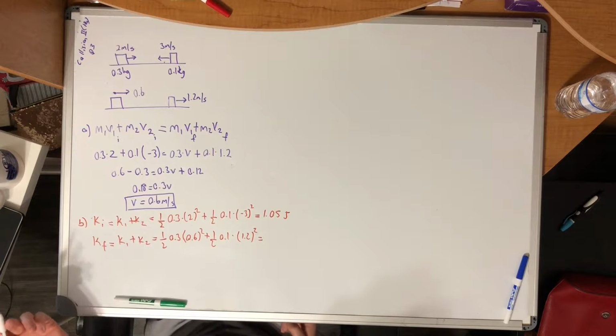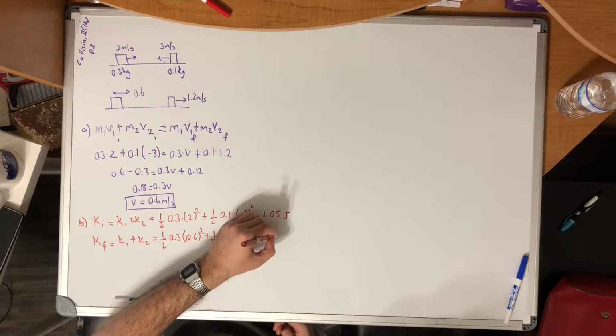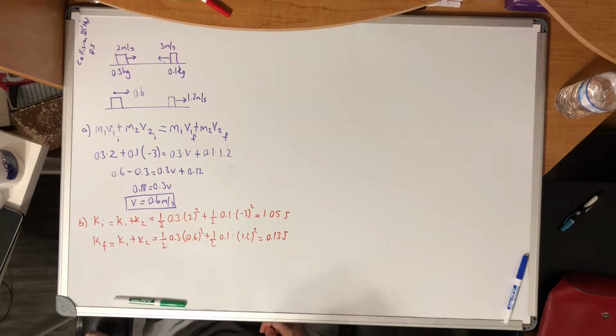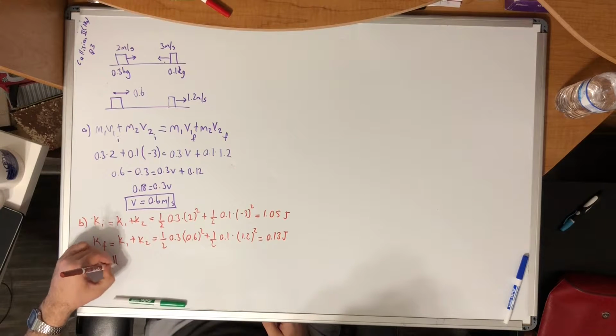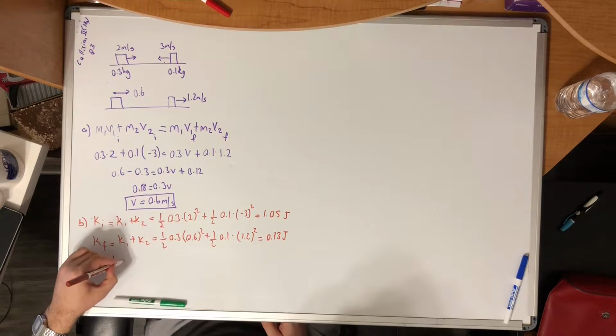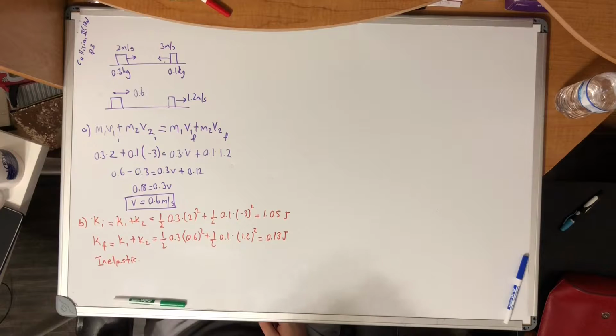That means your final kinetic energy will be obviously less, but if you do the mathematical calculation, you will also see that they are going to be different. Your final kinetic energy is less, so that shows you that it is an inelastic collision, because kinetic energy is not conserved.